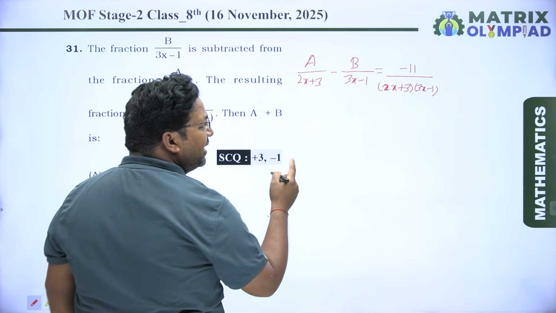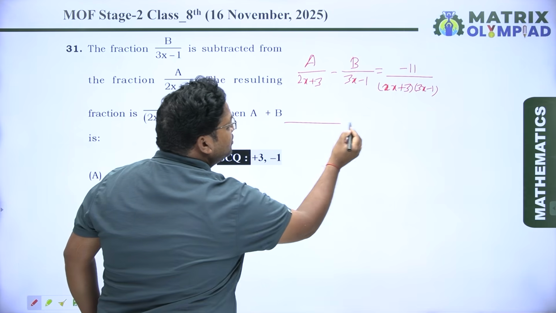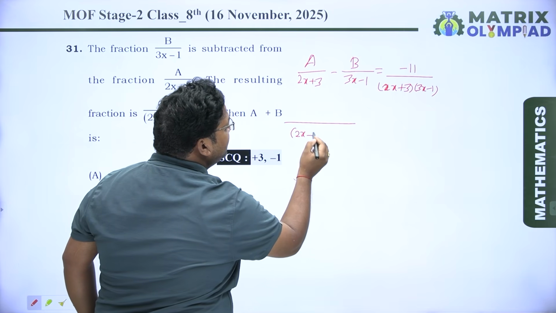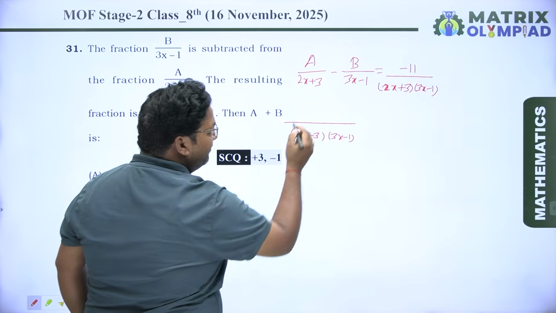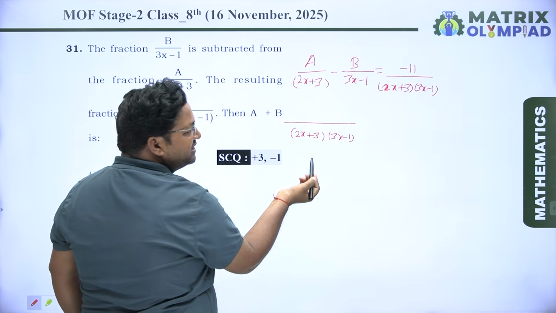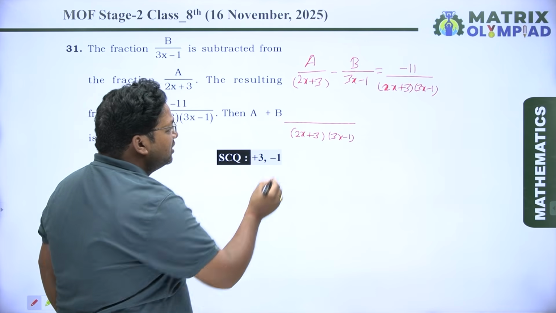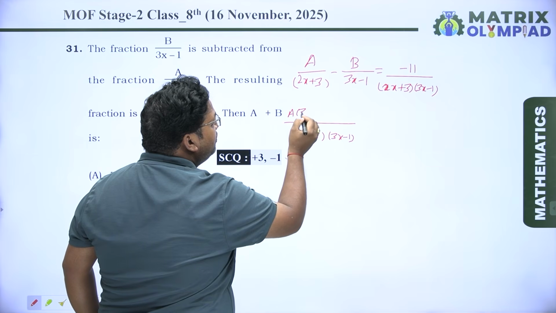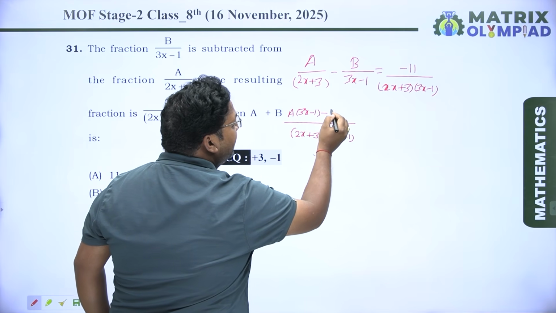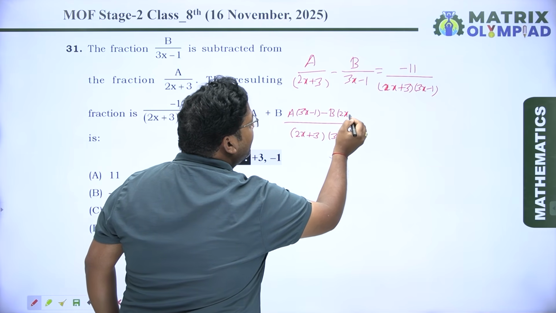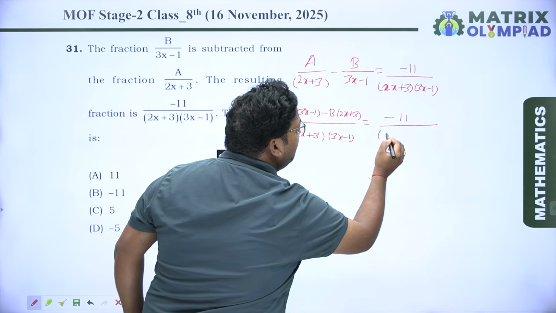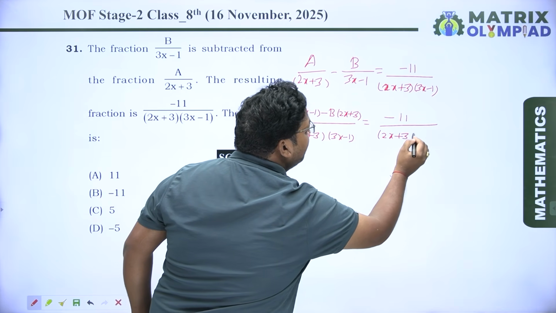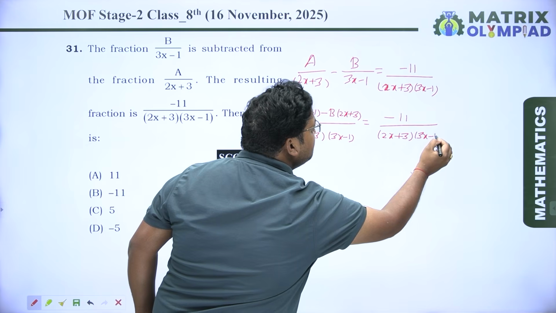Now we have to take LCM on the left hand side. So LCM is 2x plus 3 into 3x minus 1. We have to solve this part. So 2x plus 3 and 2x plus 3 are cancelled out. So the remaining is a into 3x minus 1 minus b into 2x plus 3 is equal to minus 11 upon 2x plus 3 into 3x minus 1.